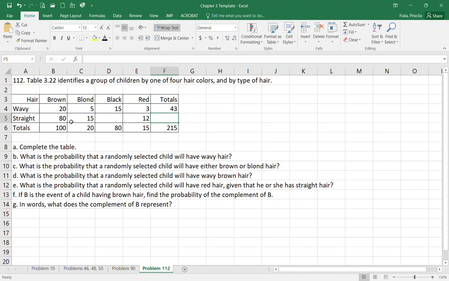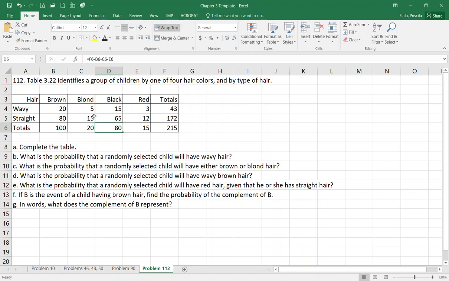We also have both totals right here. We can go this way or just do equals 215 minus 43 wavy. We have 172 straight here. And right here we can do equals 172 minus 80 minus 15 minus 12, and we have 65.